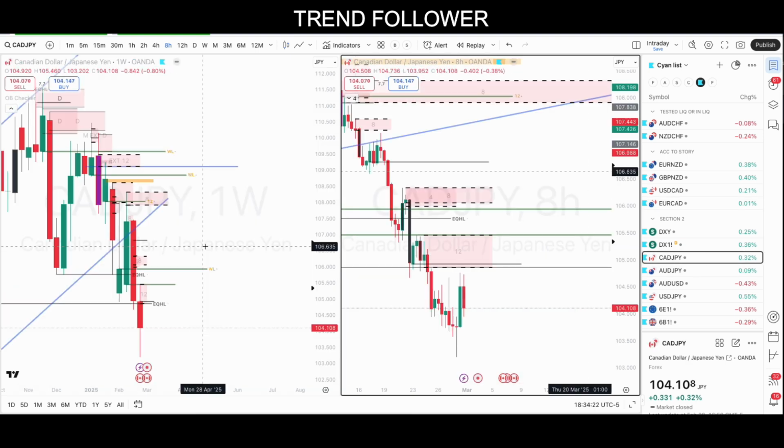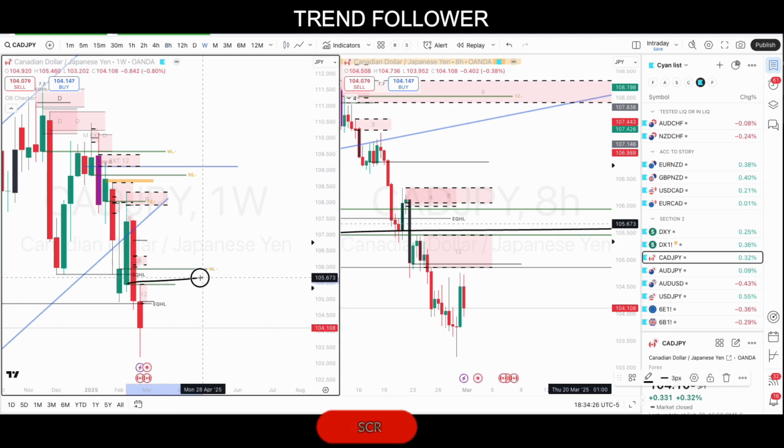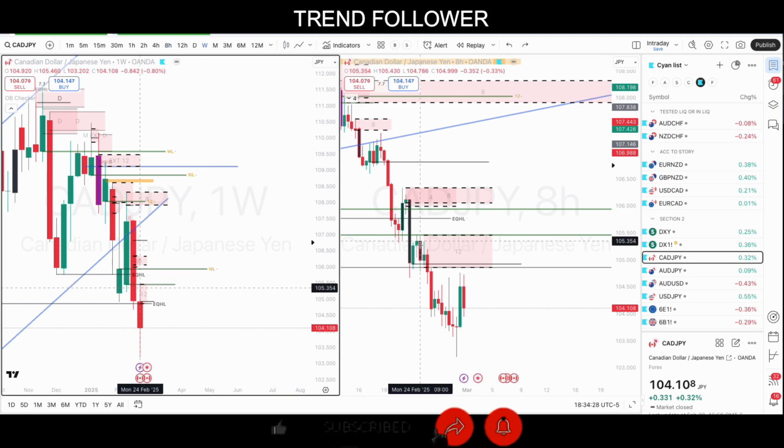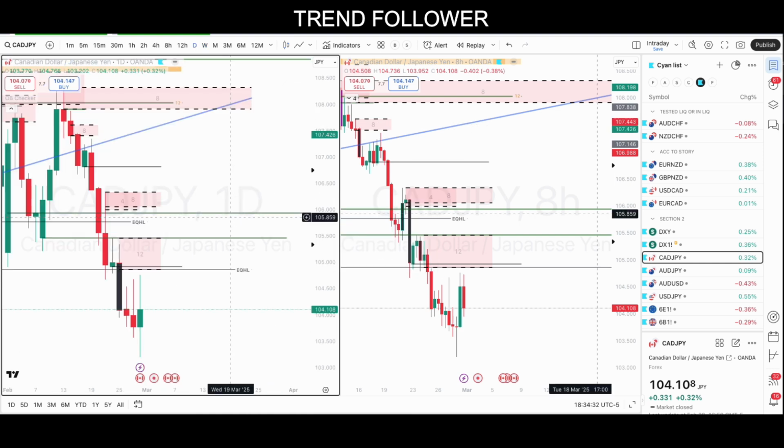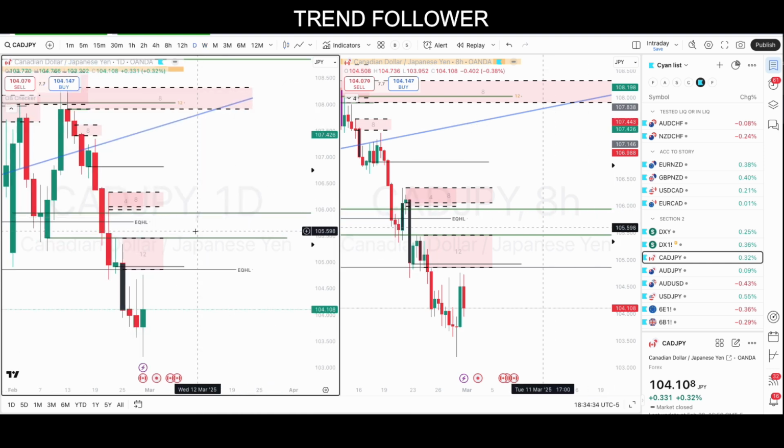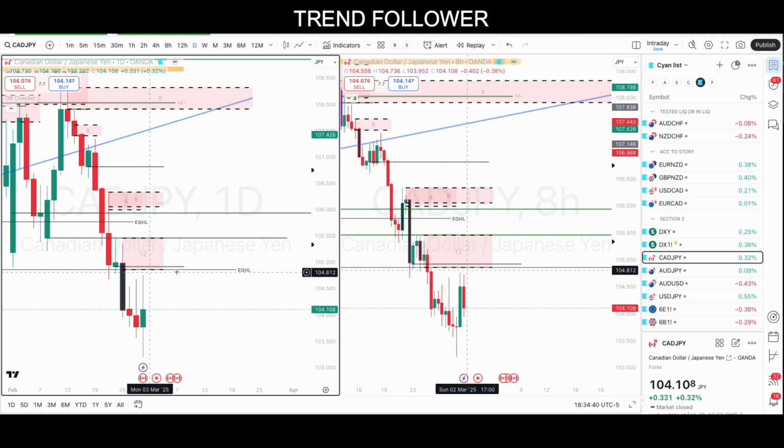CADJPY. Yeah. With respect to CADJPY, it just rejected from a weekly block. That was a perfect rejection. I do think that there are two combinations that can happen. One is you reject from this daily supply. So you have a daily supply here.